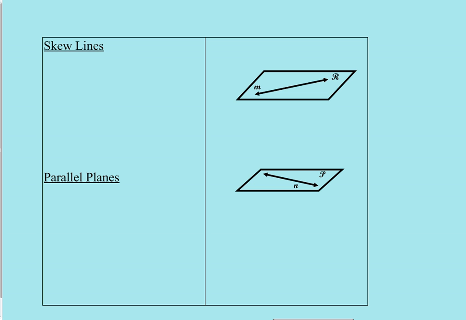Skew lines are non-coplanar. Skew lines are not going to touch, kind of like parallel lines. They're not going to touch, but they're not coplanar, all right? And they're not parallel.